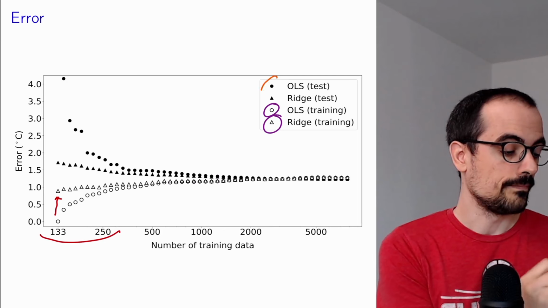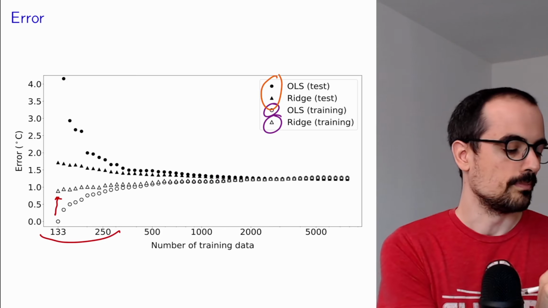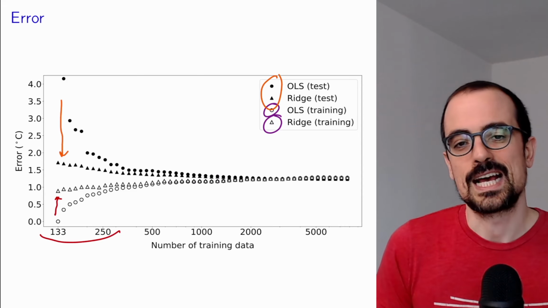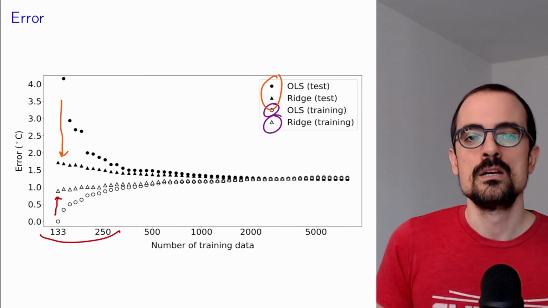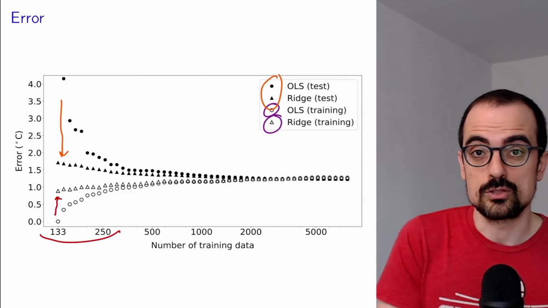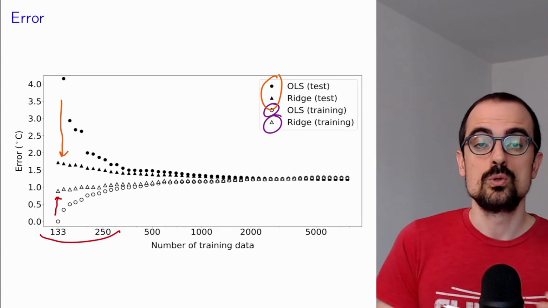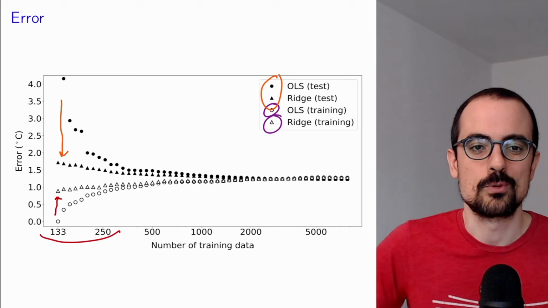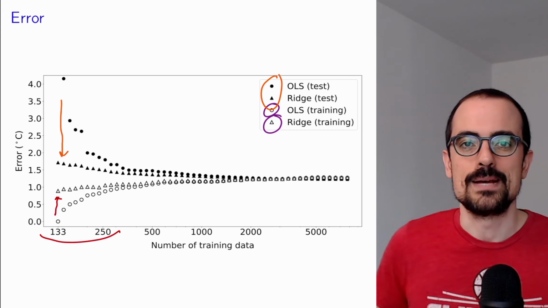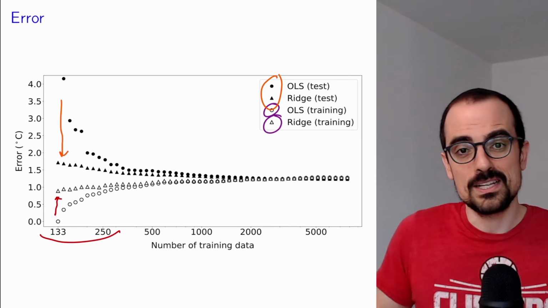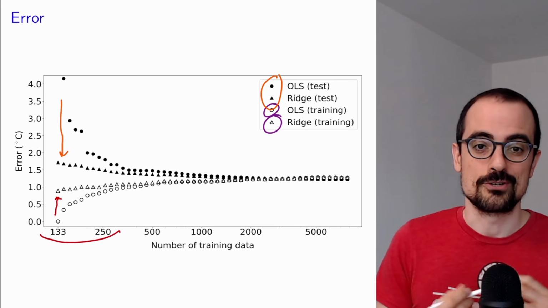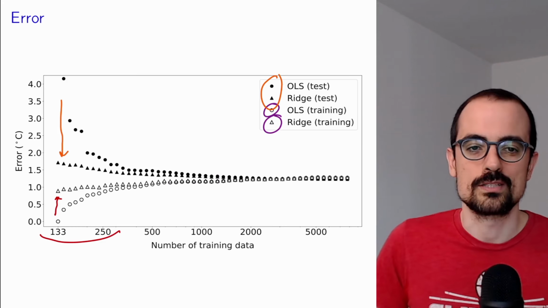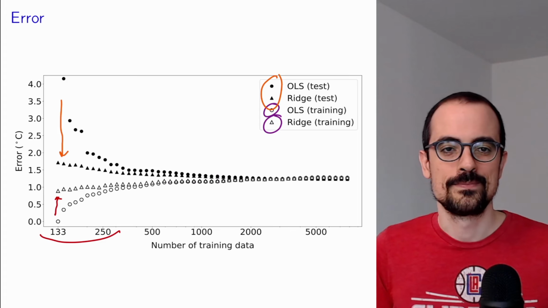When we look at the test error of both models, boom, ridge regression has much better test error because it is not overfitting the training set, and it's able to identify the important coefficients and put more weight on the important coefficients, obtaining a better model. So in summary, ridge regression in this example and in many other situations works very well for real data.